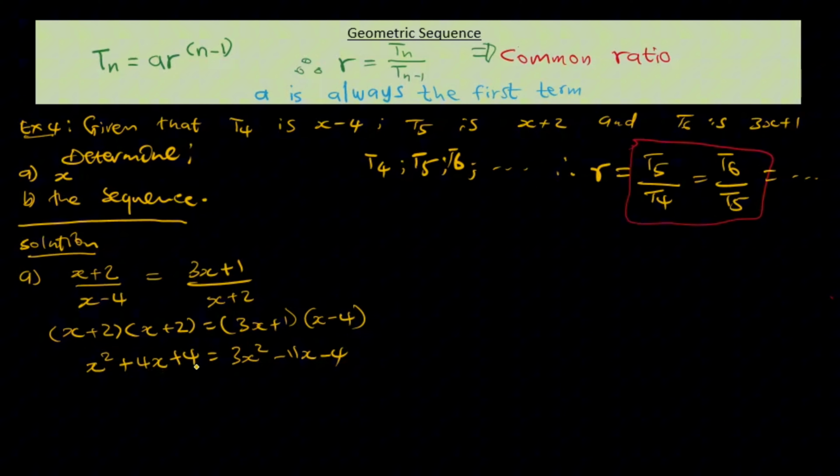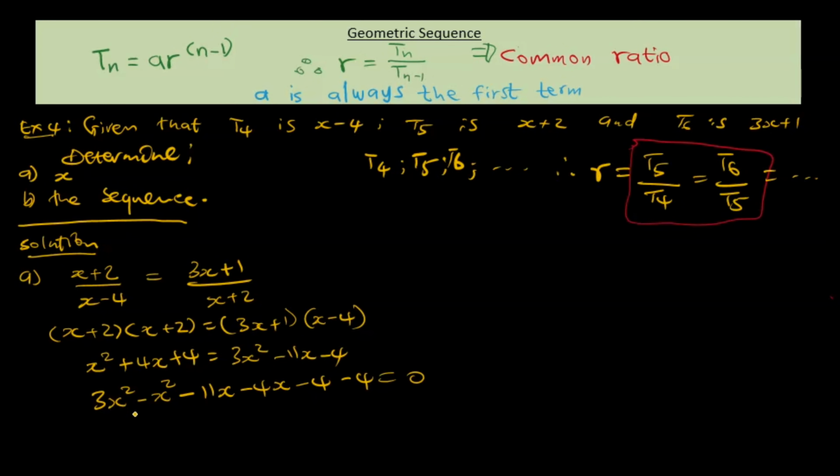And then take everything to the other side. You'll have 3x squared minus x squared, then minus 11x, that to the other side will be minus 4x, then you have minus 4, then 4 to the other side will be minus 4.